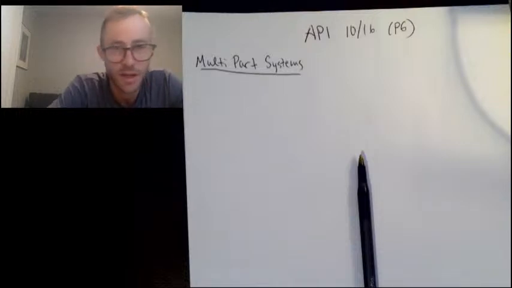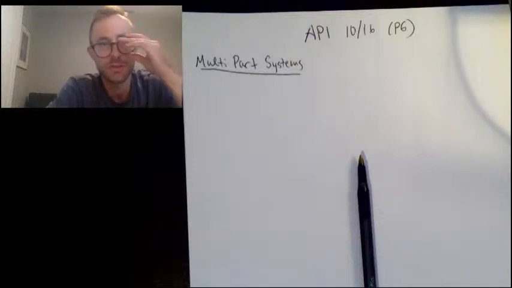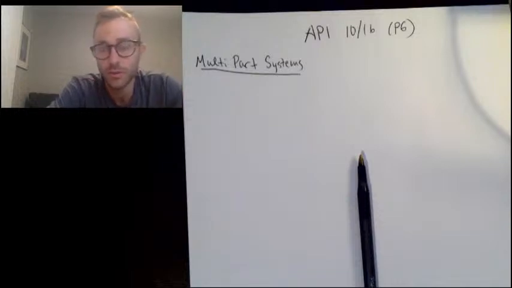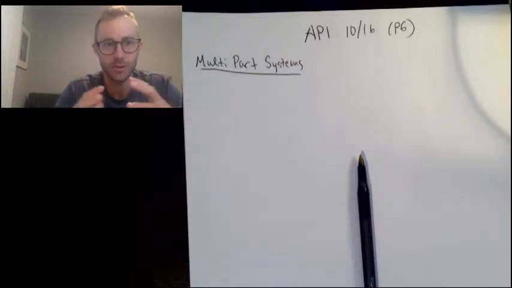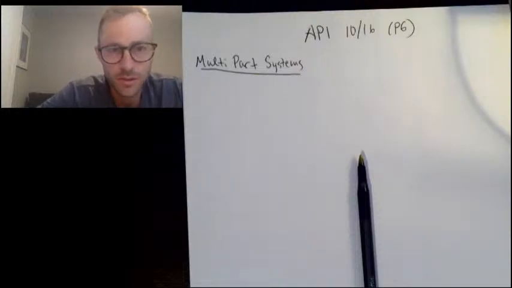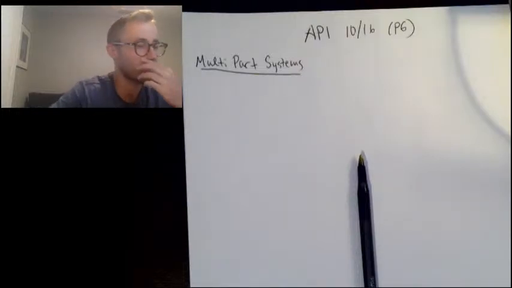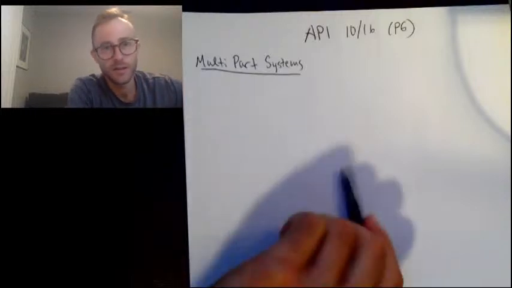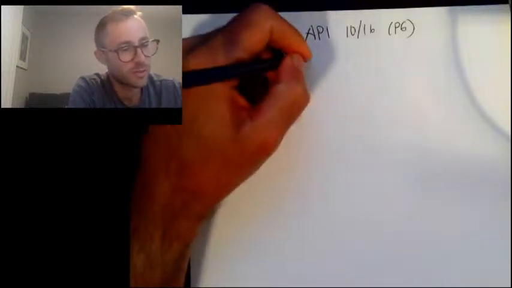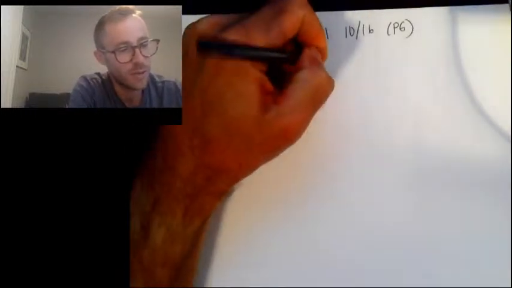Multipart systems have 2 or more things with different masses, and so it's interested in what is the motion of each of those things and how are they interacting with each other. This is just kind of an introduction to that. And so our first example is going to be what's called an Atwood machine.